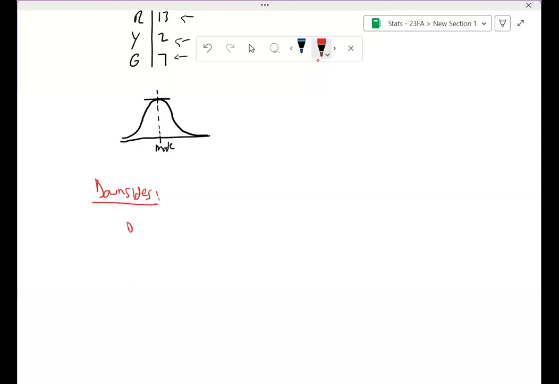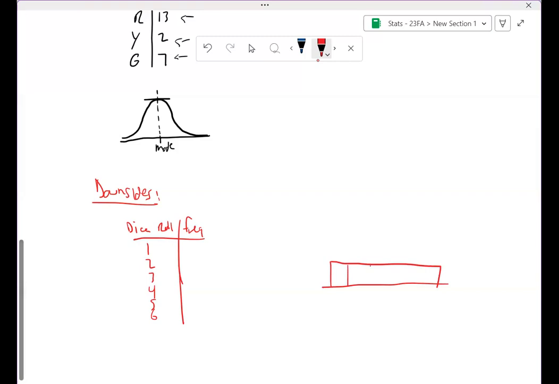I could have maybe dice rolls, 1 through 6, and frequency of occurrence. Now I see that this is uniform data, right? In kind of a perfect world, I would have a histogram that looks like this.